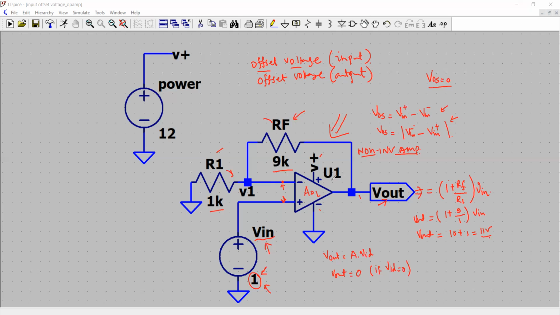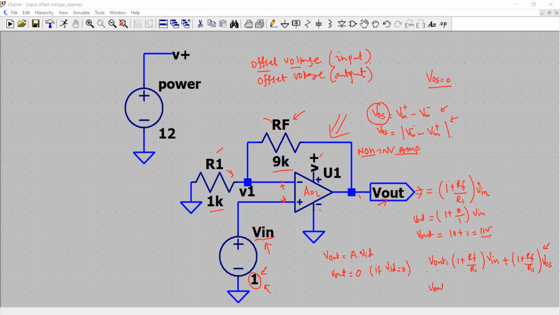However, if there is an offset voltage present, then the expression for the output would be 1 plus RF over R1 multiplied by V in, plus 1 plus RF over R1 multiplied by VOS. So the output will also have a contribution from this term.